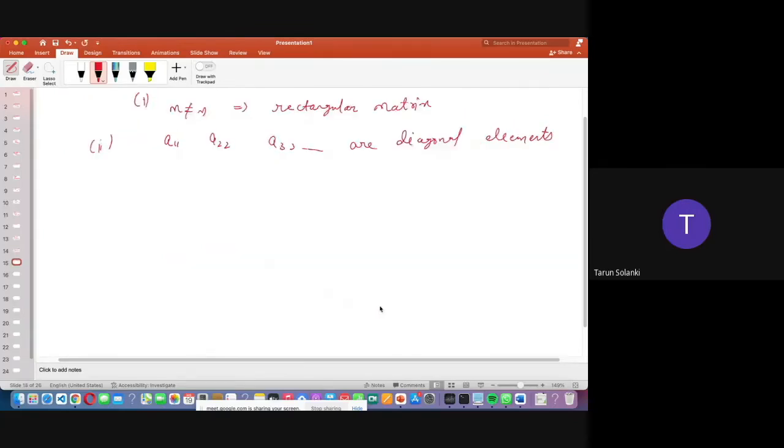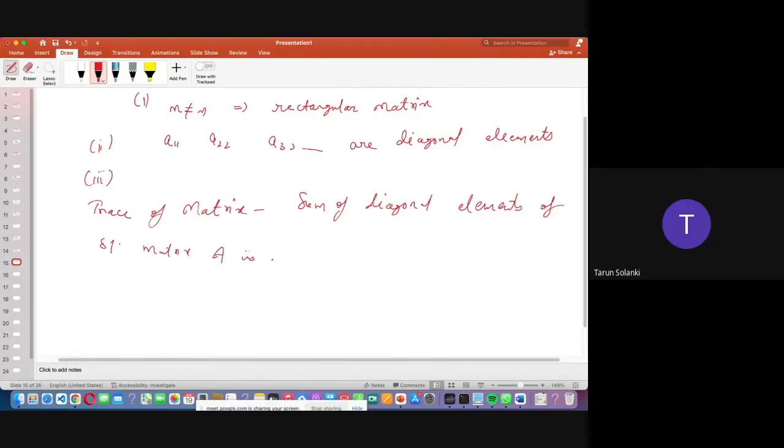The third is trace of a matrix. The sum of the diagonal elements of a square matrix A is called the trace of the matrix.